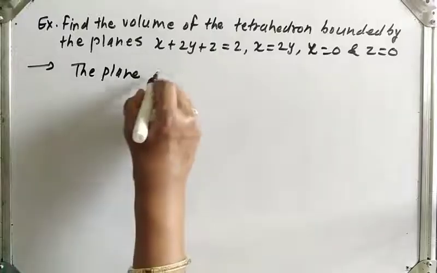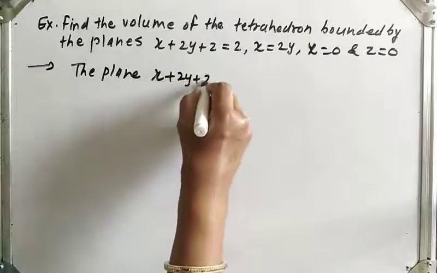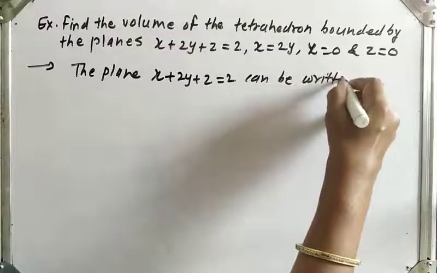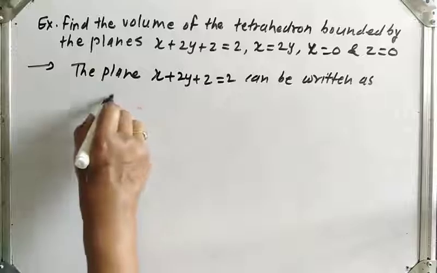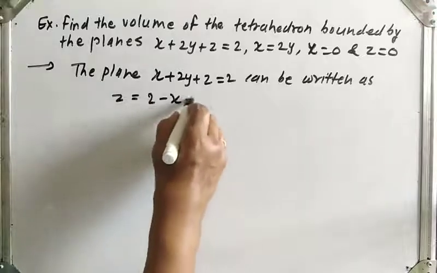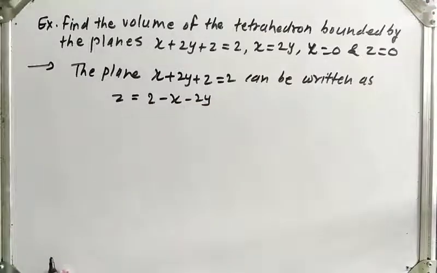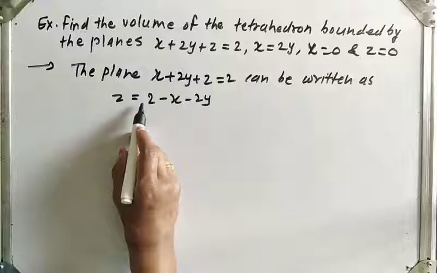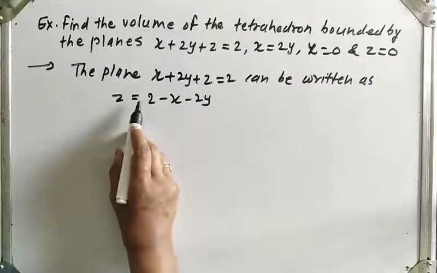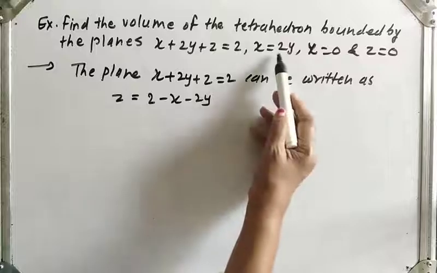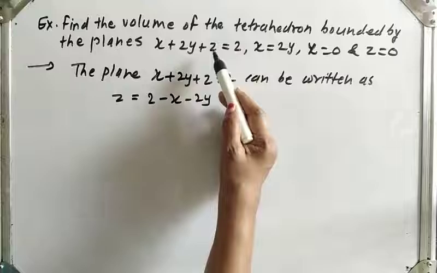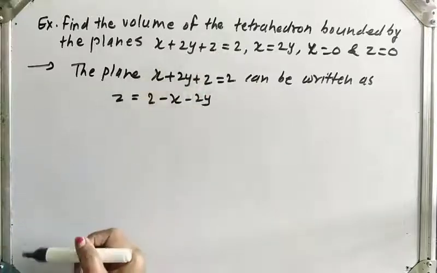Now this plane x plus 2y plus z is equal to 2 can be written in the form of z, so z is equal to 2 minus x minus 2y. Therefore the required volume lies under this plane and the planes x is equal to 2y, x is equal to 0, and if we put z is equal to 0 here, then x plus 2y is equal to 2.